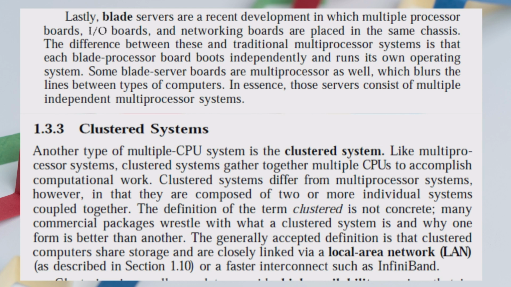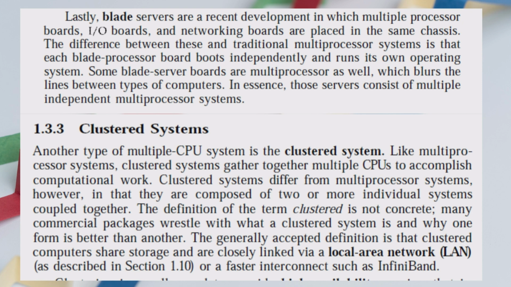Cluster systems. Another type of multiple-CPU system is the cluster system. Like multiprocessor systems, cluster systems gather together multiple CPUs to accomplish computational work. Cluster systems differ from multiprocessor systems, however, in that they are composed of two or more individual systems coupled together.